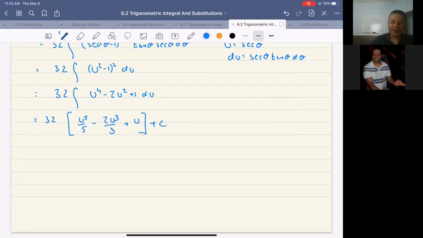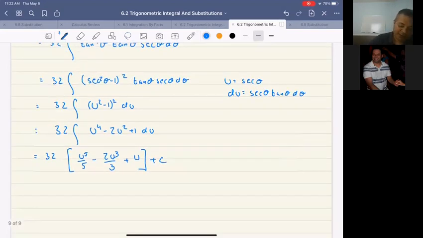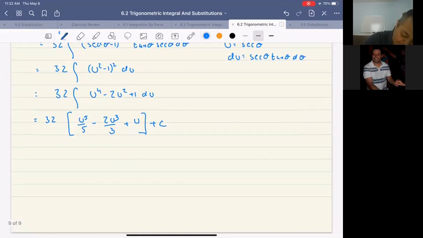Now we have to go back. u is secant of theta, so that's 32 times secant of theta to the fifth over 5 minus 2 secant theta cubed over 3 plus secant theta, plus c.